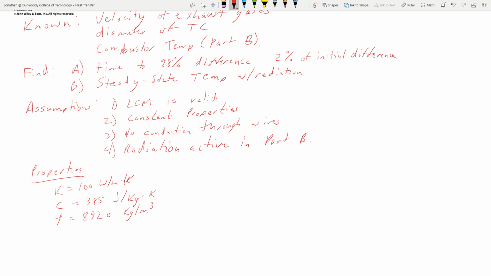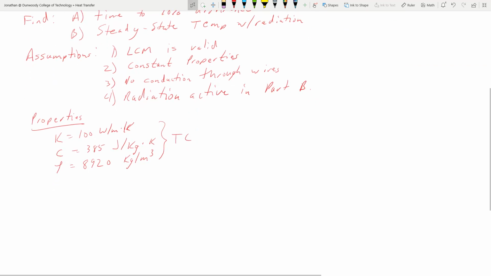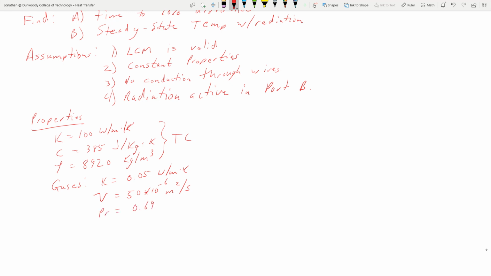And for the combustion gases, we have k equals 0.05 watts per meter Kelvin, nu 50 times 10 to the negative 6 meters squared per second, and Prandtl number 0.69.